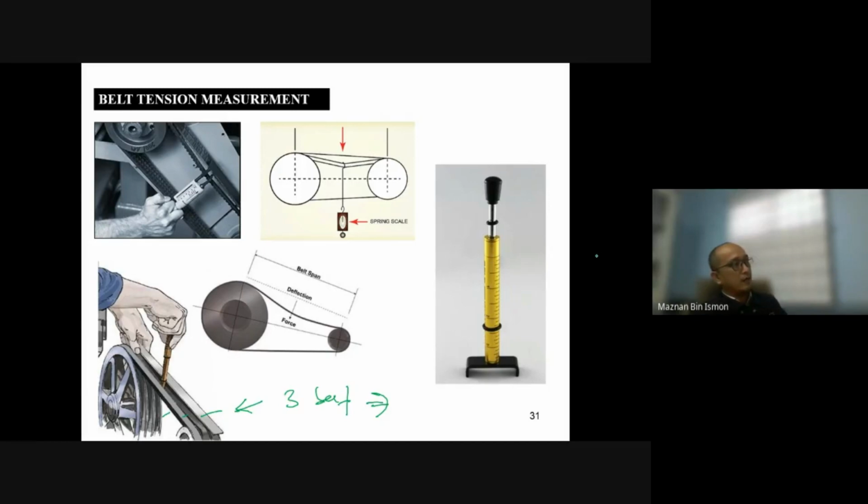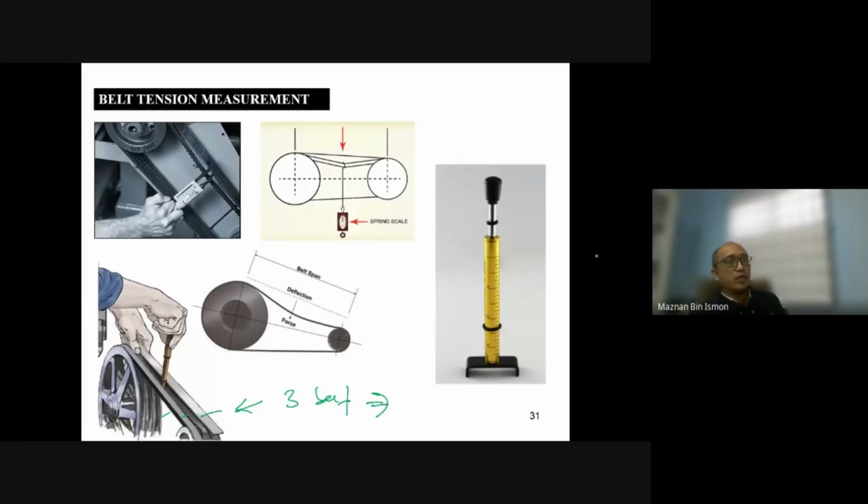So usually what we do, what the industry does for pieces of belt, they will install belts with the same brand and the same manufacturing batch. The reason is that different belts will elongate differently.